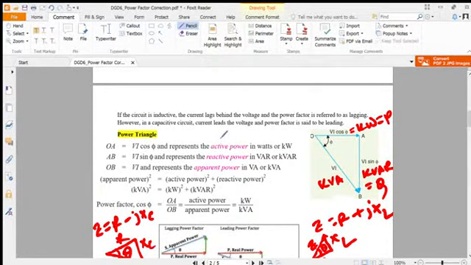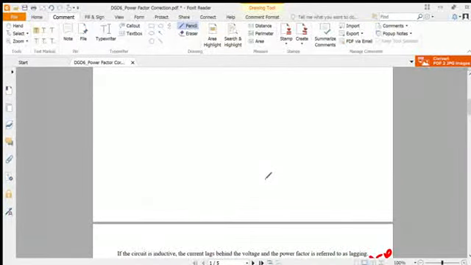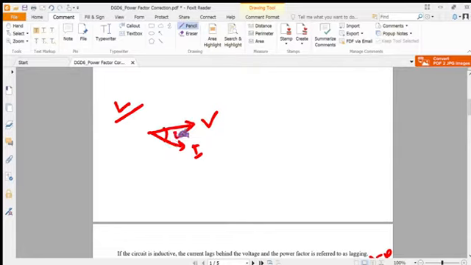For the inductive load, this is the voltage and the current is lagging, so this is the power factor angle. For the capacitive load, the voltage remains the same as the reference and the current is leading. So voltage is the reference for parallel-connected loads.